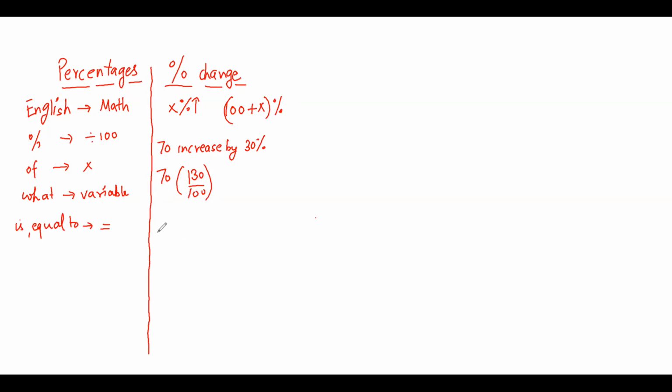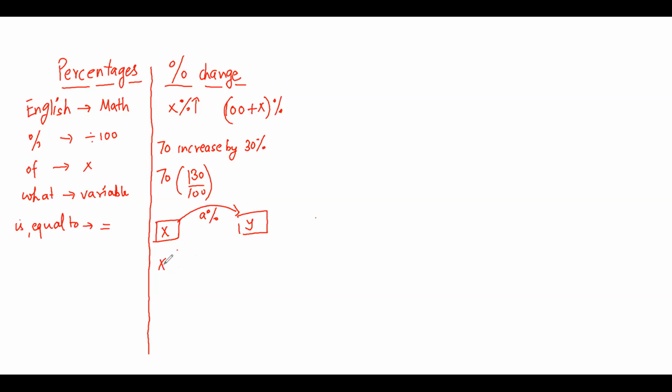So let's suppose you have a number X, and you do an A percentage increase, and then the result is Y. What is the process that has happened here? X has been increased by A%, right?